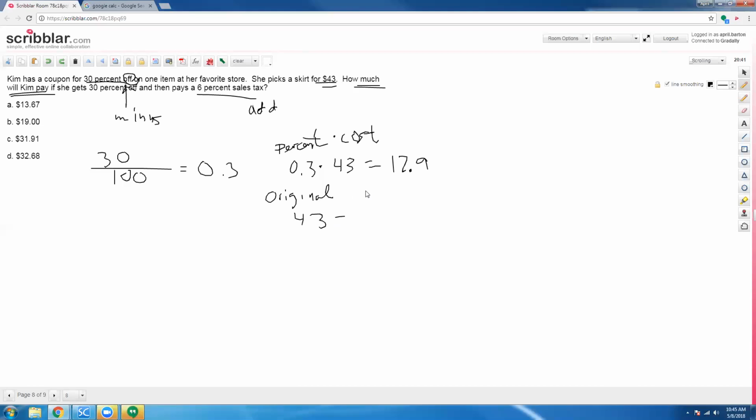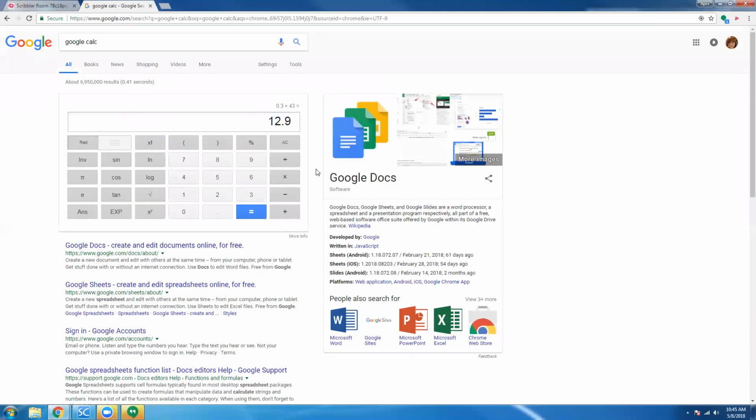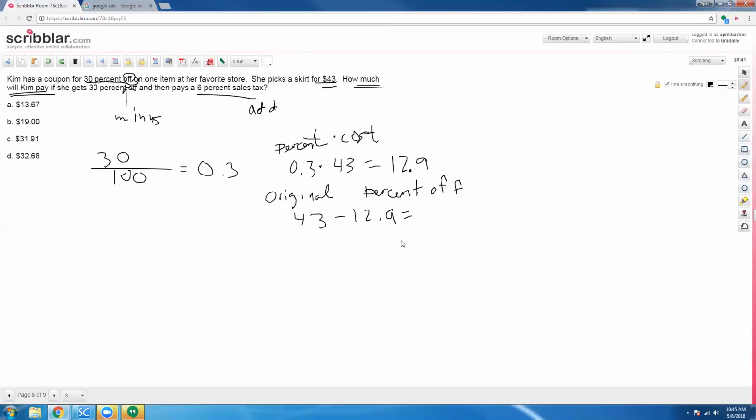Then we need to subtract the percent off we just found. So we've used this 43 twice. We used it to find the percent off, and we're going to use it to find the actual cost. So we do that subtraction, 43 minus 12.9. We get 30.1.